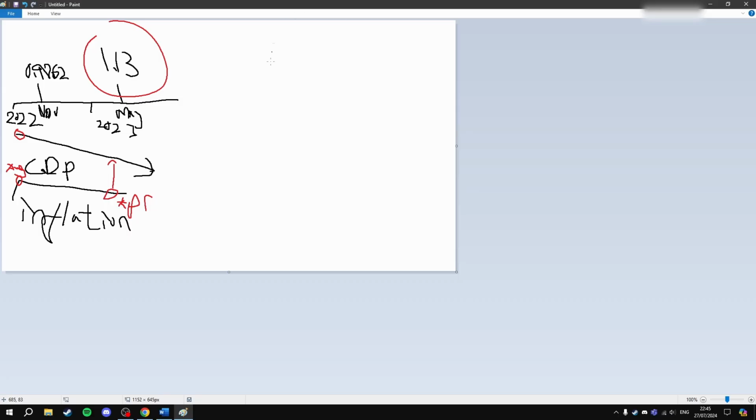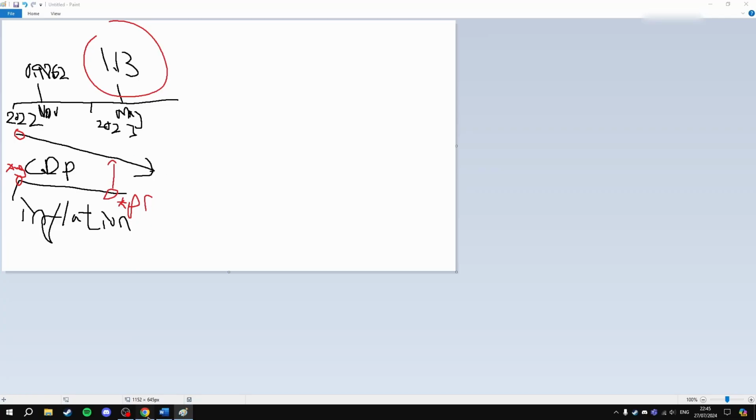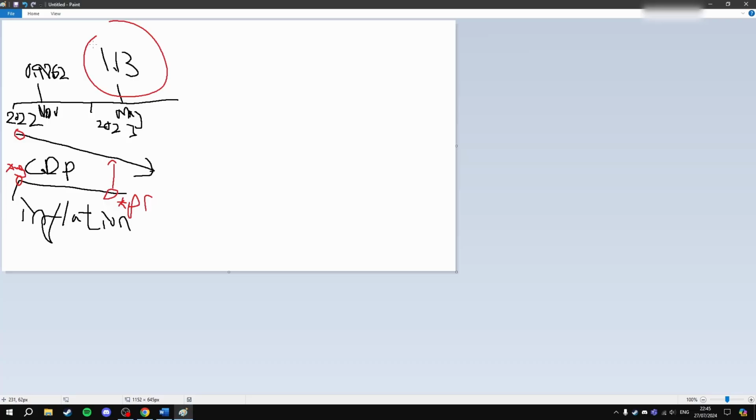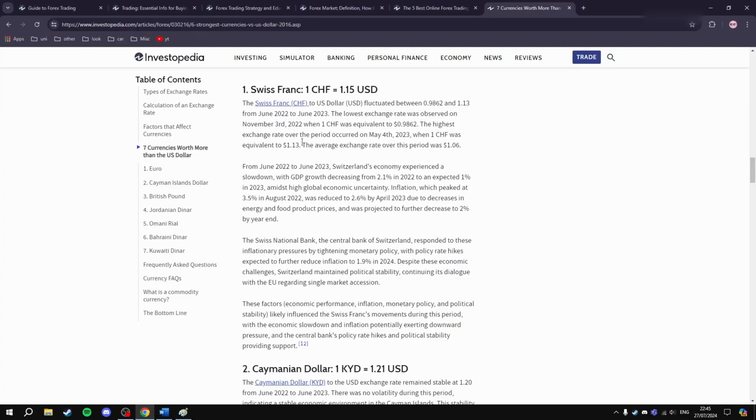So then the exchange rate rises in May after the April 2.6% of inflation, goes to 1.13. To be honest, yeah, that's how it goes.